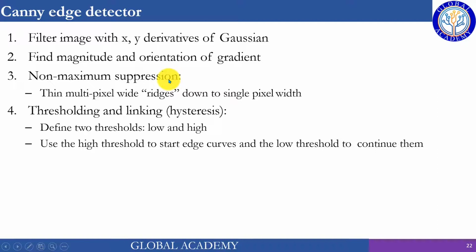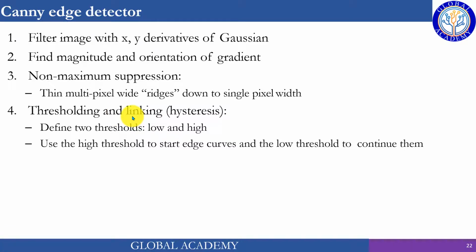Otherwise we have to place 0 over there. If the value under consideration is smaller than the value in the neighboring pixels, then we can drop that value. So we retain that value if value is greater than the neighboring pixels. So that's non-maxima suppression.